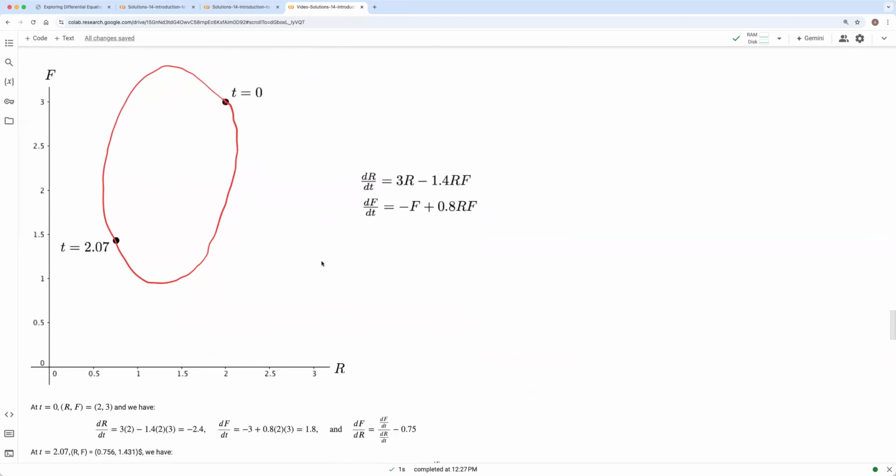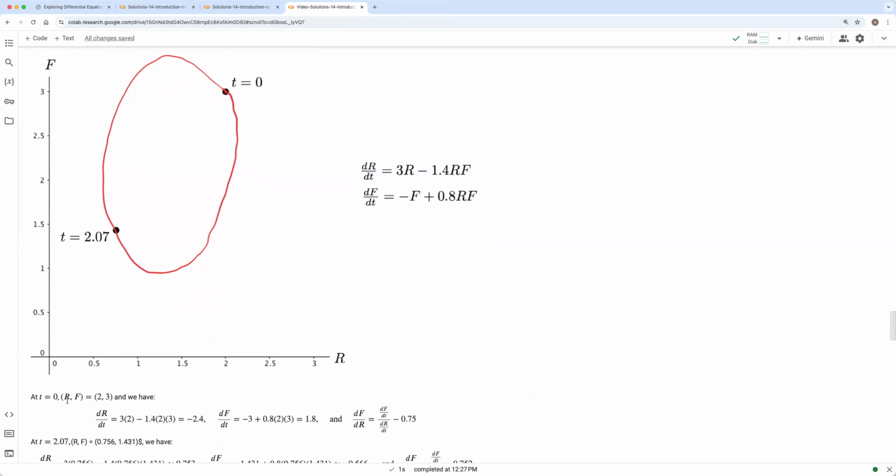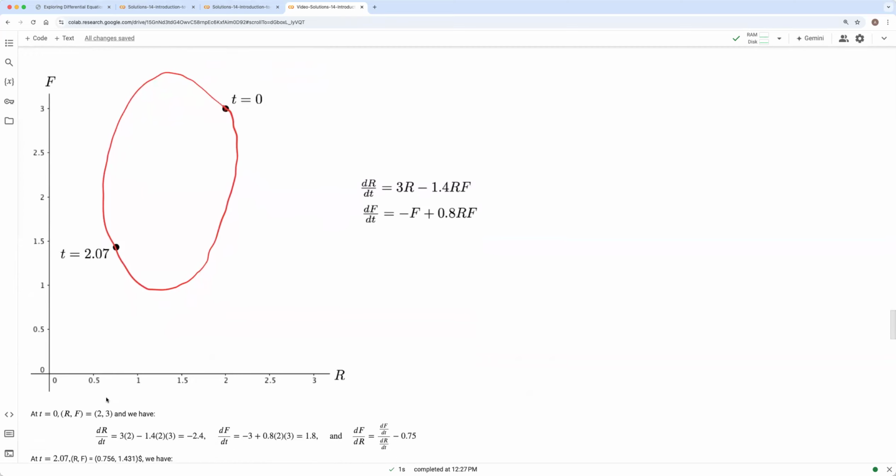So for example, down below, at t equals 0, if we know that R is equal to 2 and F is equal to 3, I can plug those values into the differential equation for dR/dt and calculate that dR/dt is minus 2.4. It is negative. I can calculate dF/dt by plugging in R equals 2, F equals 3. That winds up being 1.8.